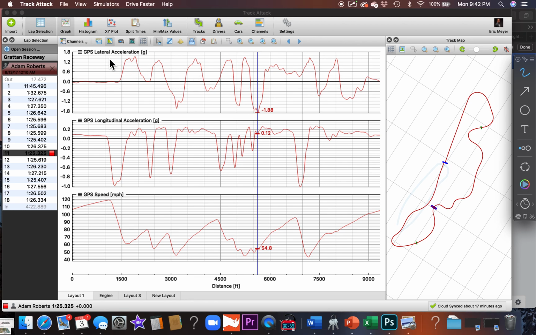So we're going to do that up here with lateral. If this is the hands, and this is zero, that looks like it's right here. What are your hands doing right here? Well, the car's going straight.